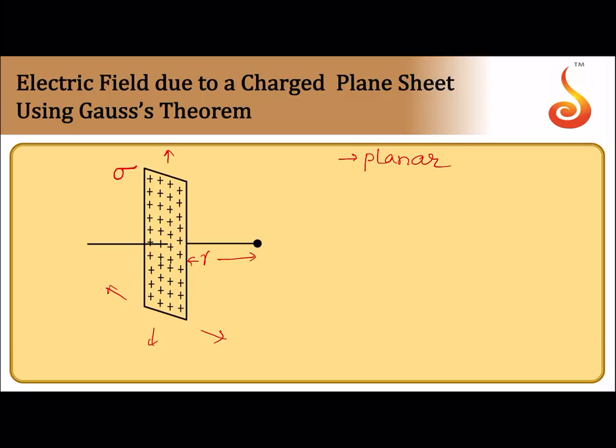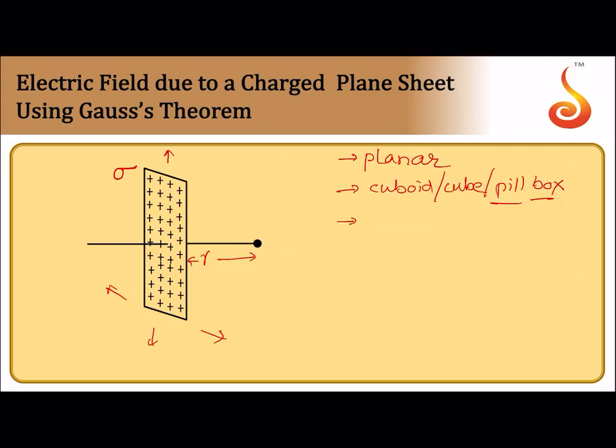It is generally a cuboid or a cube or a Gaussian pillbox. Maybe a cuboid or cube or maybe a pillbox. What is that pillbox? You just visualize a capsule, a medicine capsule, right? Or maybe a can, maybe a Coke can.